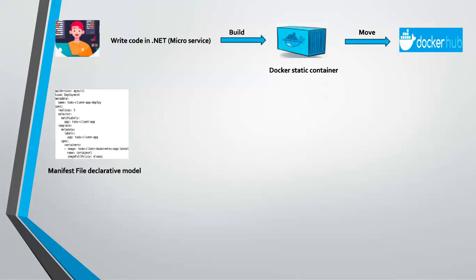In that YAML file, we will define how many copies of your application should run, that means how many containers Kubernetes has to run. We define the port number Kubernetes should use, and we also mention the network information inside the YAML file. Whenever you mention all this information inside a YAML file, that file we call a manifest file, and we call it a declarative model.